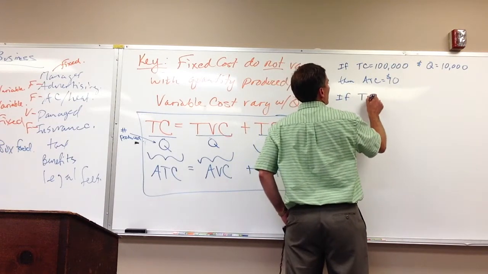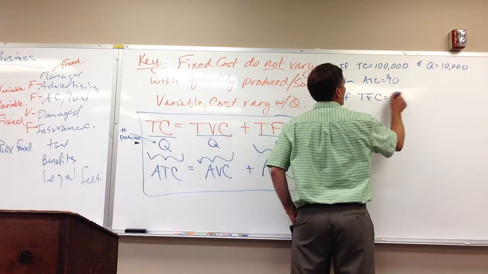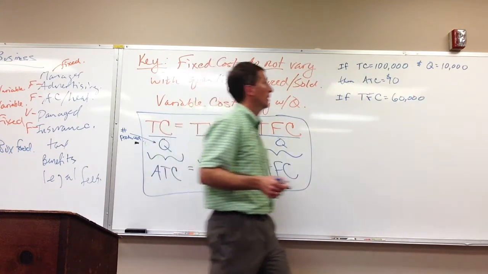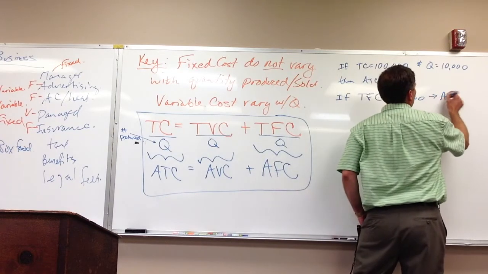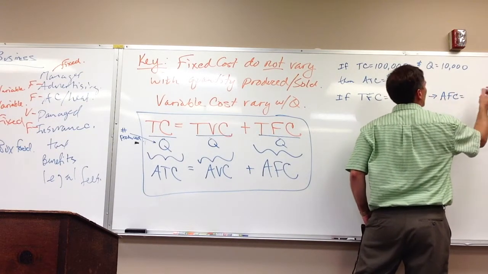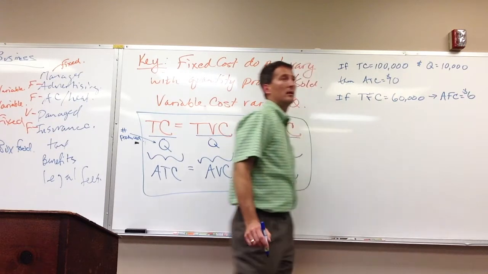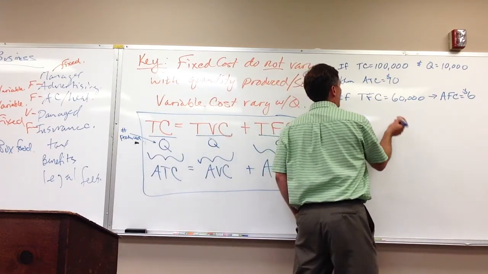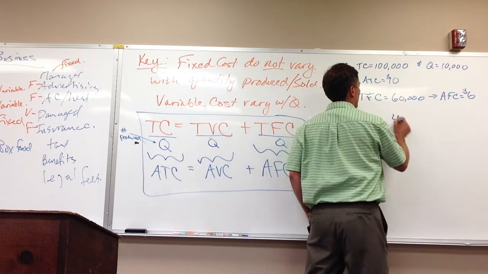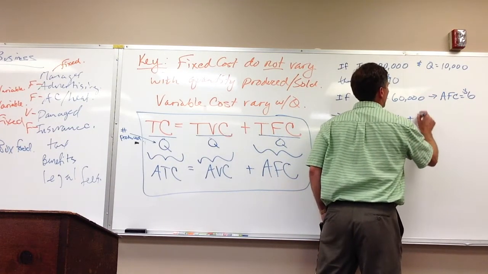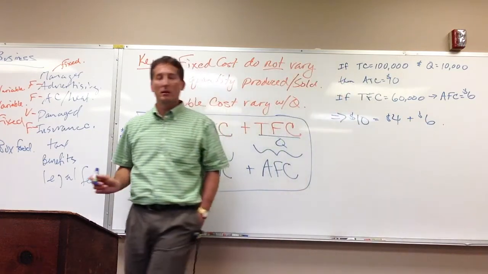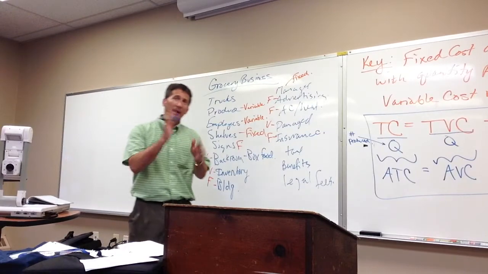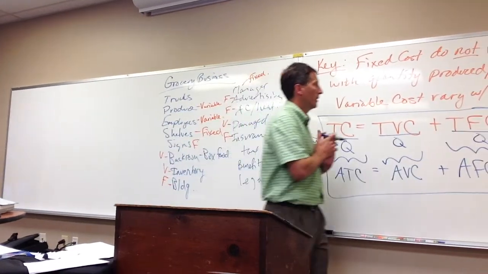If total fixed cost were 60,000 bucks with the buildings and all that stuff, we know that average fixed cost was equal to 6, which implies that average variable cost must have been 4. Gives us a quick way to kind of slice and dice problems.